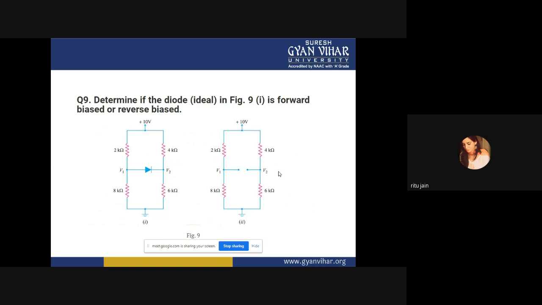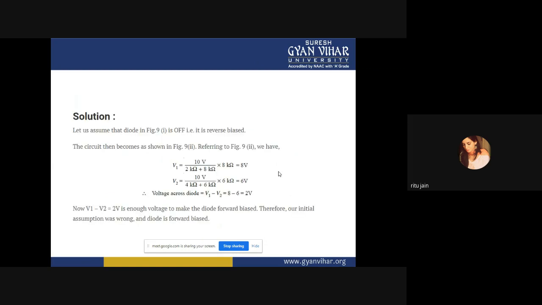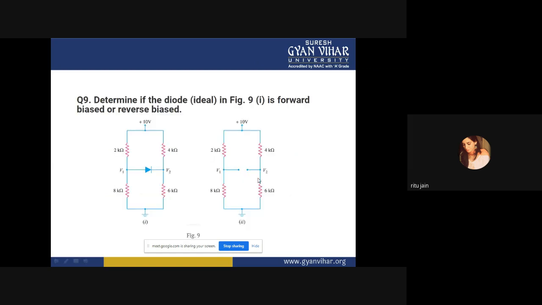If you solve this circuit and find that the voltage drop across the diode is greater than 0.7 volt, or it is very high, then the diode will be in reverse biasing. So you have to find out the voltage across this diode.